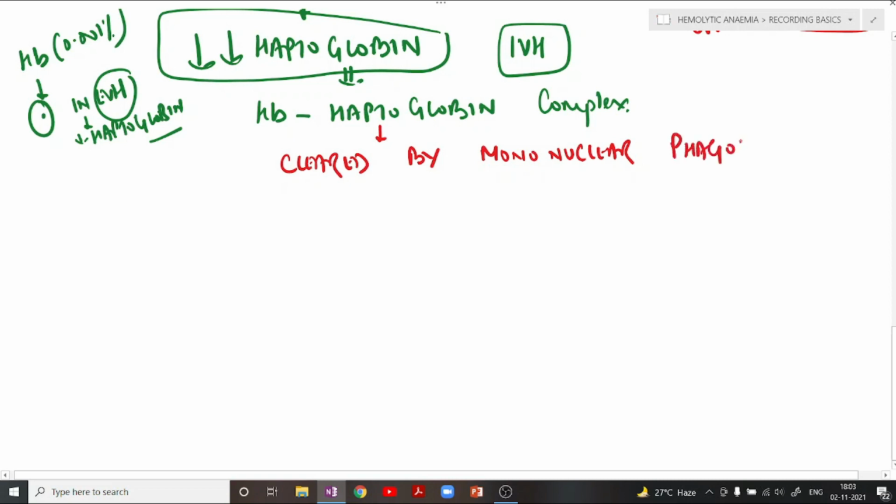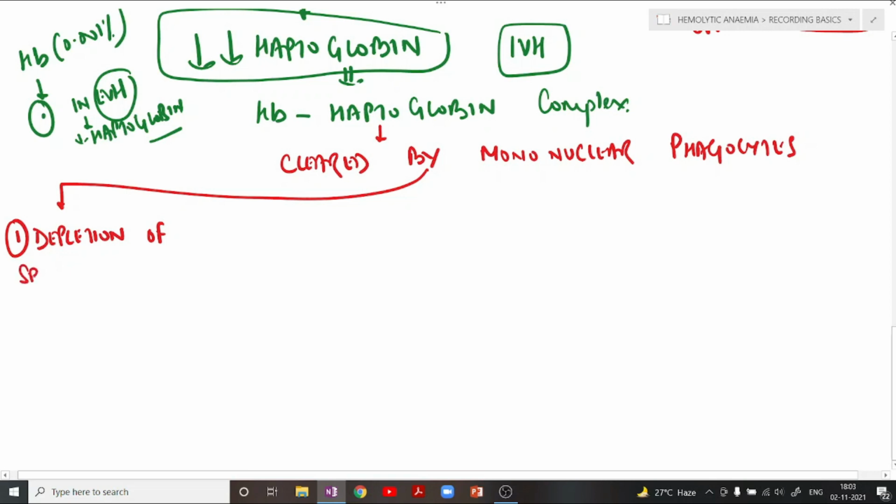So let us see some of the important features in IVH. The first thing that we see is a depletion of serum haptoglobin, and the depletion is far more as compared to EVH. In EVH also there is depletion, but not that much.